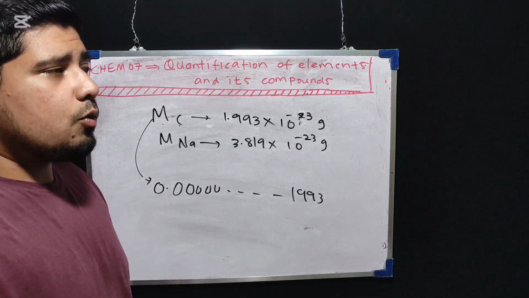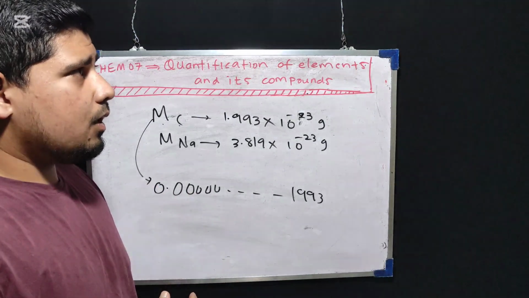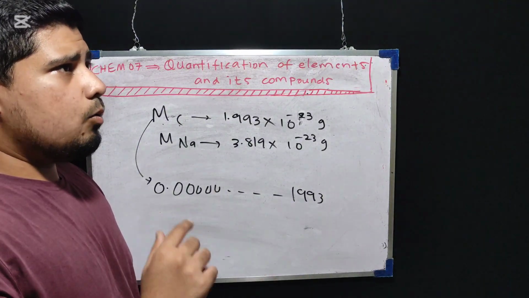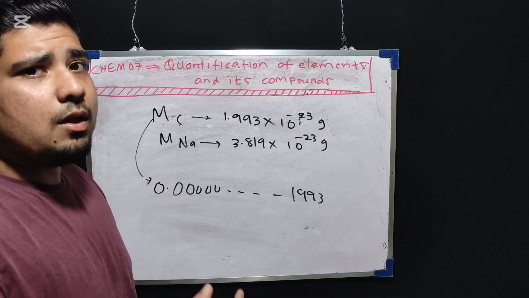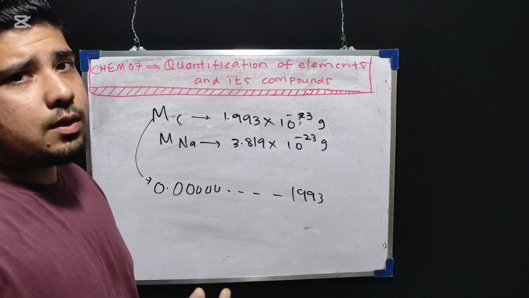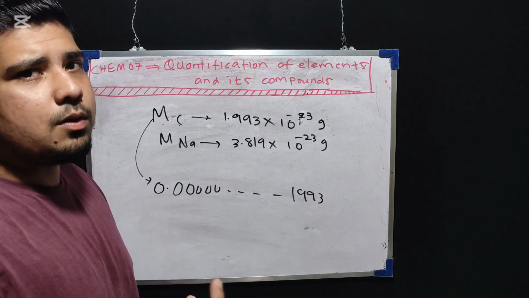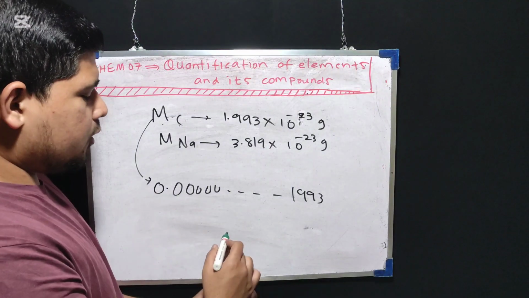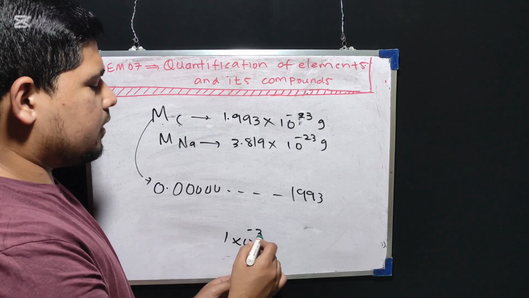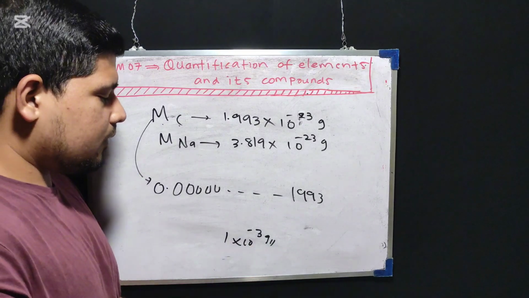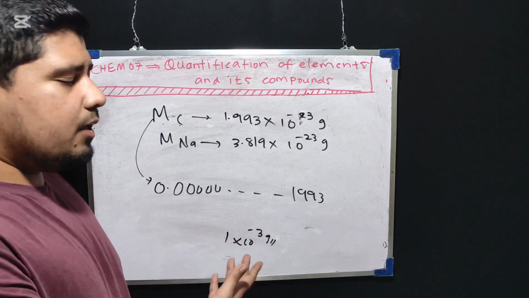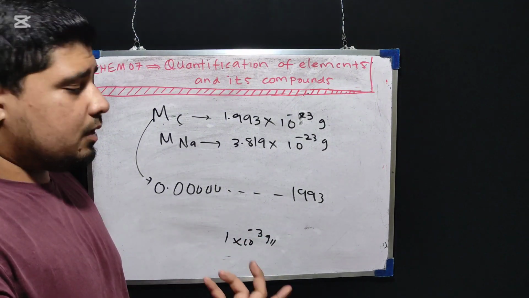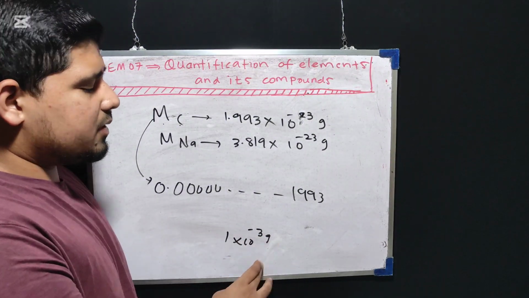Now if you go and ask the shopkeeper, give me 0.1 grams of something, 0.001 grams of something, or 1 into 10 to the power minus 3 grams of something, will he measure this mass and give it to you? He can't measure this mass.